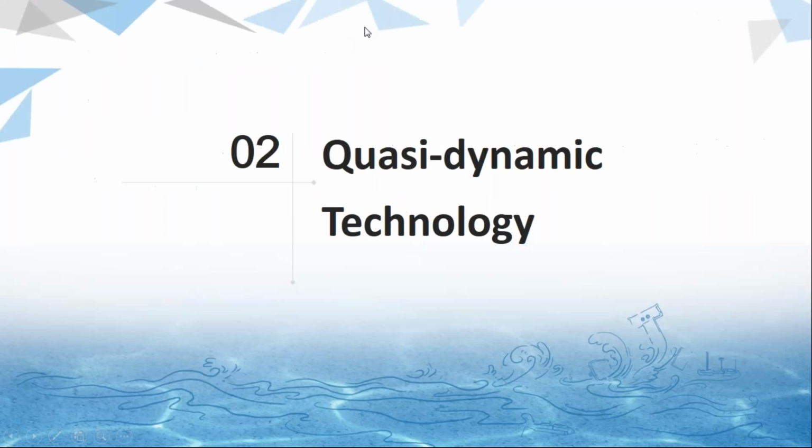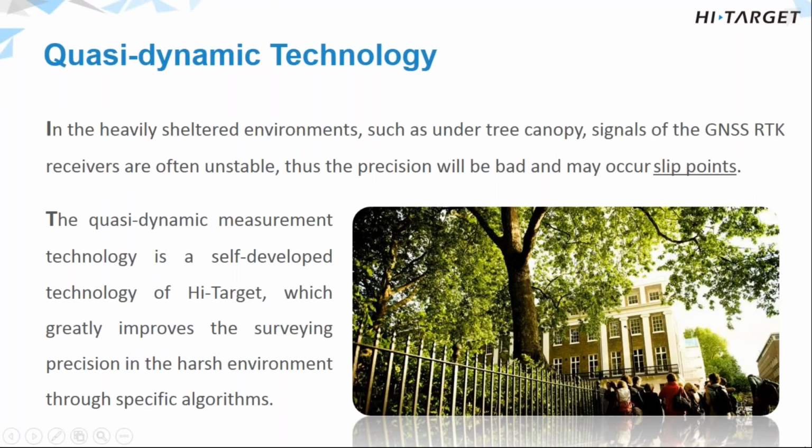Okay, the next part is about the Quasi-dynamic technology. Some people may ask why we need the Quasi-dynamic technology. In heavily shaded environments, such as under trees, the RTK signals wouldn't be stable, thus the precision will be bad and there will be some slip points.